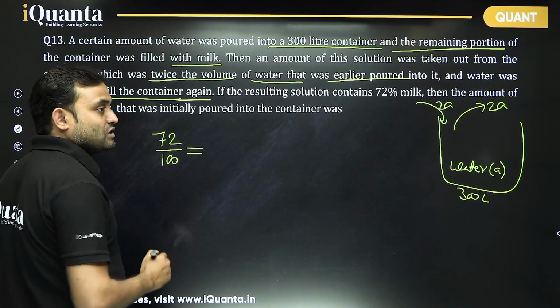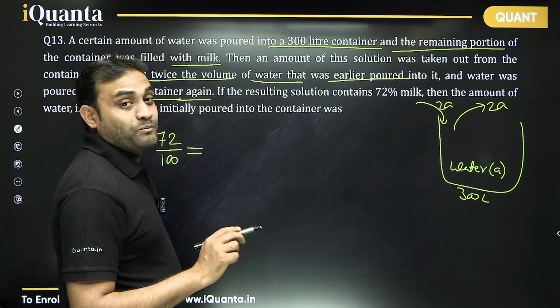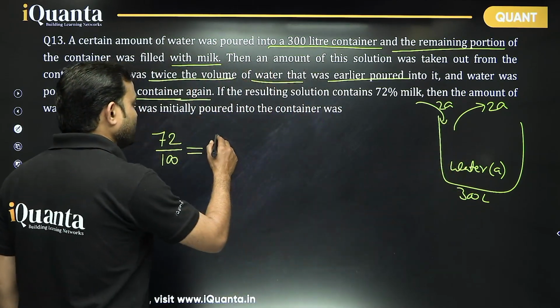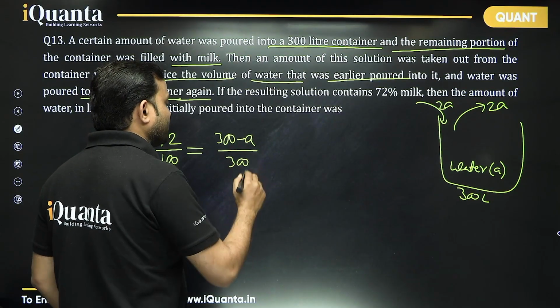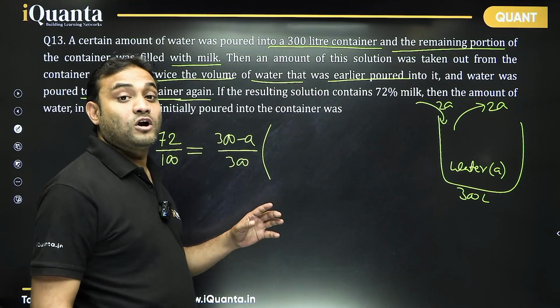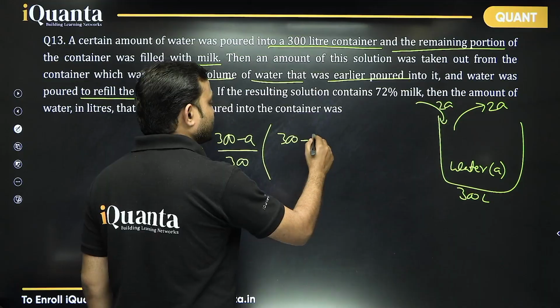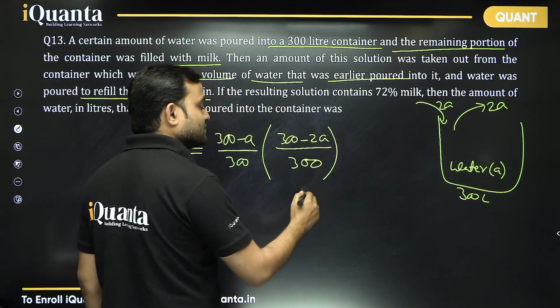This will be equal to the initial portion of milk in the container. So out of 300, 300 minus A will be milk. So the ratio of milk with respect to the container will be (300 minus A) upon 300, into the volume after the removal: (300 minus 2A) out of 300, divided by the total volume after the replacement, which is 300.